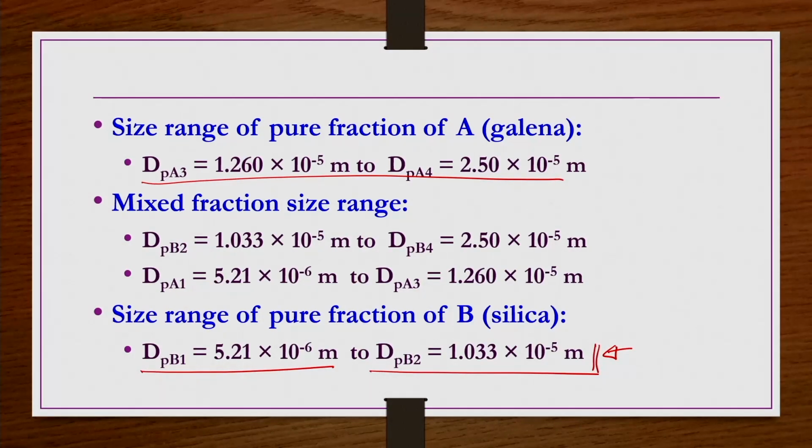All the A type particles have a velocity higher than these B type particles of this size range. So, that is the reason these particles are going to form an almost pure fraction layer at the top, and in between there may be a mixed fraction of these ranges.